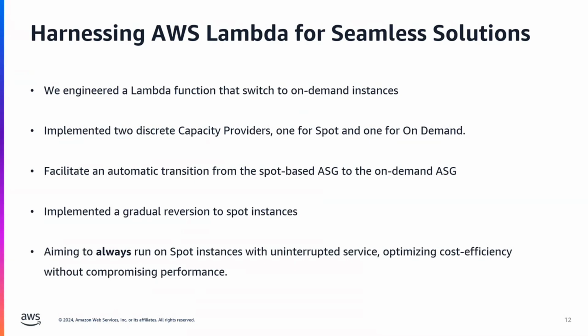It would trigger an alert, and then we would run instances in the on-demand capacity provider in order to satisfy the capacity that ECS needs. And then after doing that, we implemented a gradual reversion process to the spot instances, which you'll see in the next slide. So our goal here was to always run on spot instances while having an uninterrupted service, optimizing cost efficiency without compromising the performance.